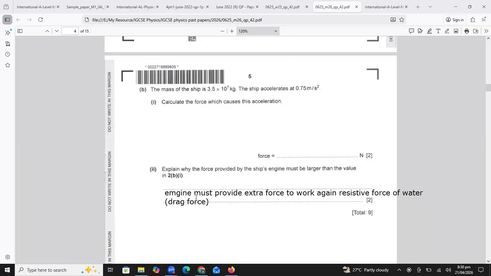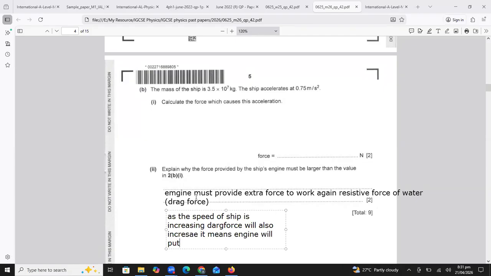So now we can write the next point here: as the speed of the ship is increasing, drag force will also increase. It means the engine will put in more force. The engine needs to put in more force.